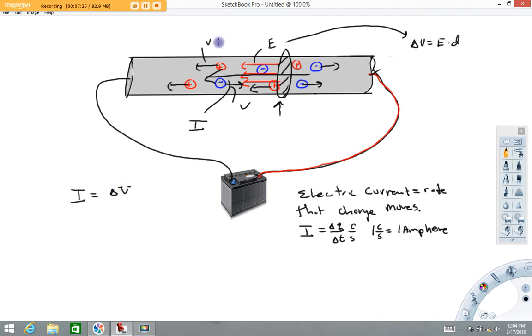Depending on the geometry and material here, this material has a property called electrical resistance. The electrical resistance of the material is just like its name implies. It's the resistance of the material to allowing charge to move through it. If we think about what it depends on, well, it's a function of the material.